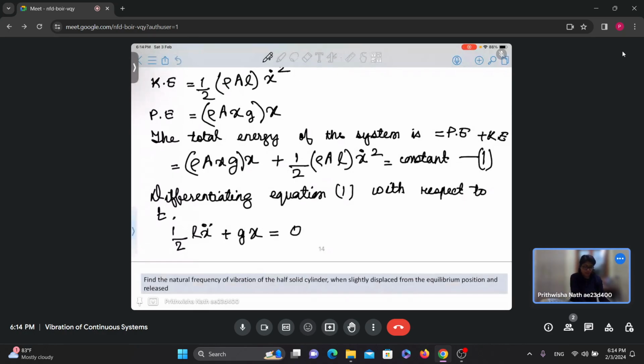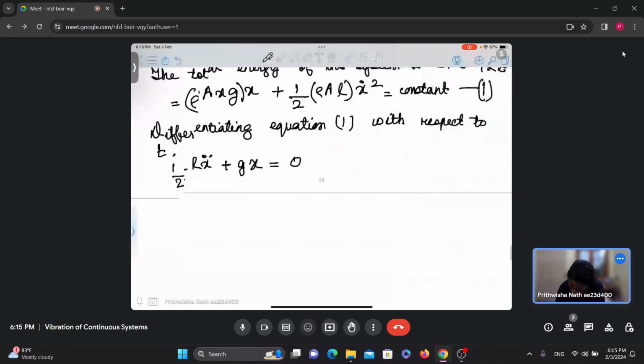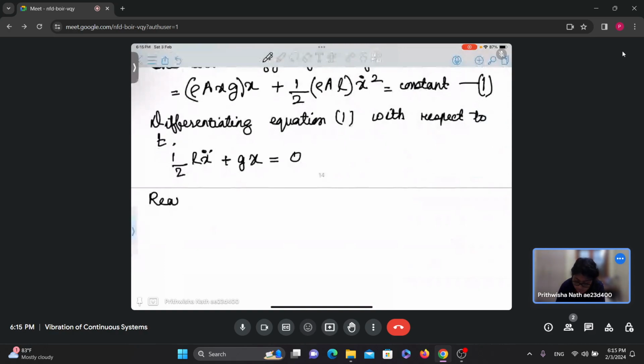Now again we can rearrange the equation, writing it as x double dot plus 2g by L into x equals 0.